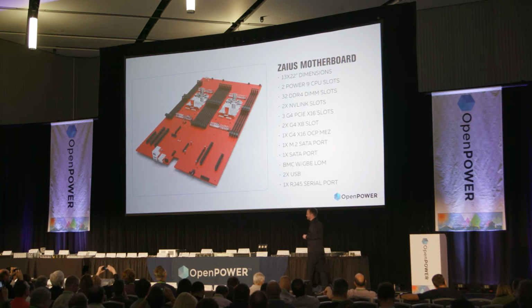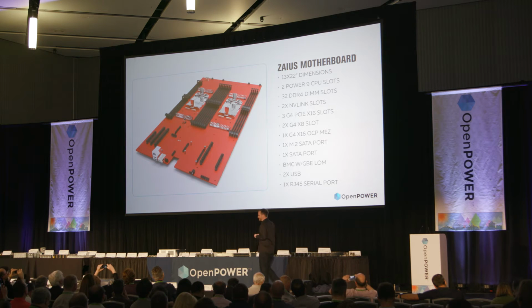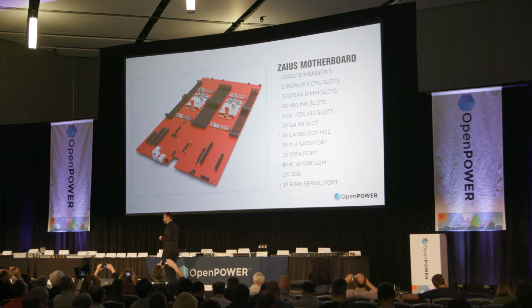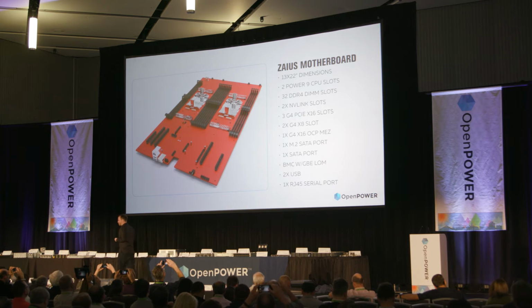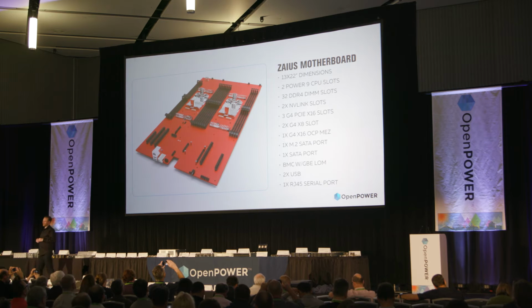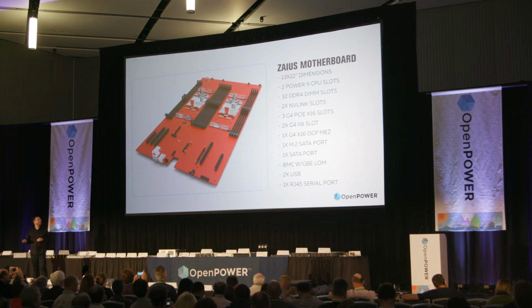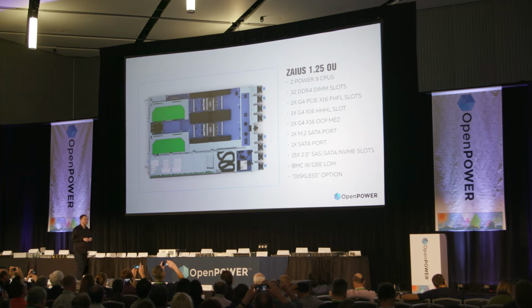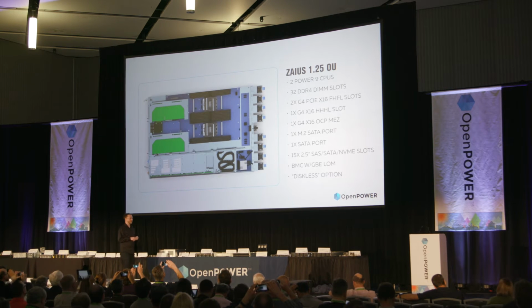We also want to announce that we are working on Zaius with Google. Of course, you heard that already. These are just some photo renders of the board and the specifications that we have in place. And this is actively moving forward right now. The Zaius motherboard is a little bit smaller than Barreleye's motherboard, so it should fit in more form factors than we have today.